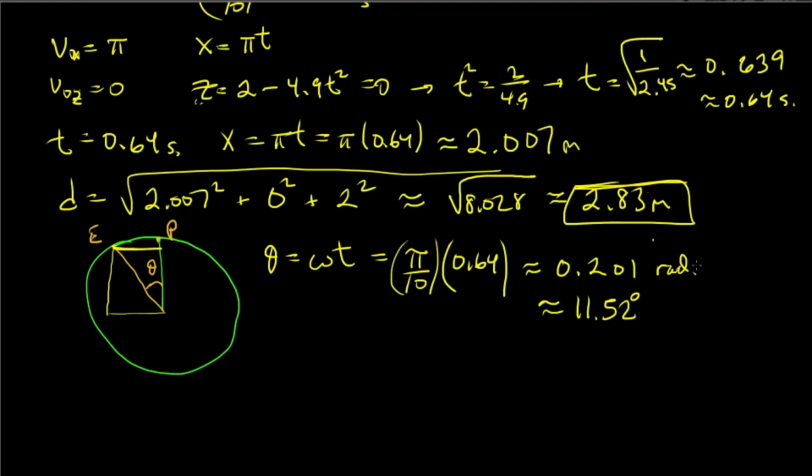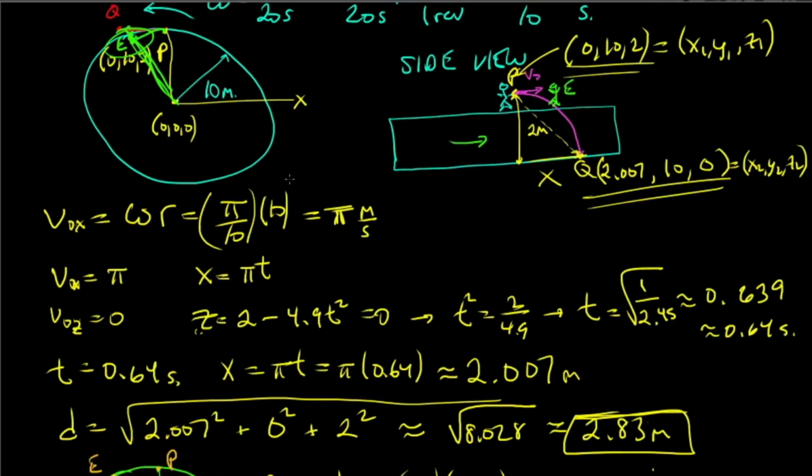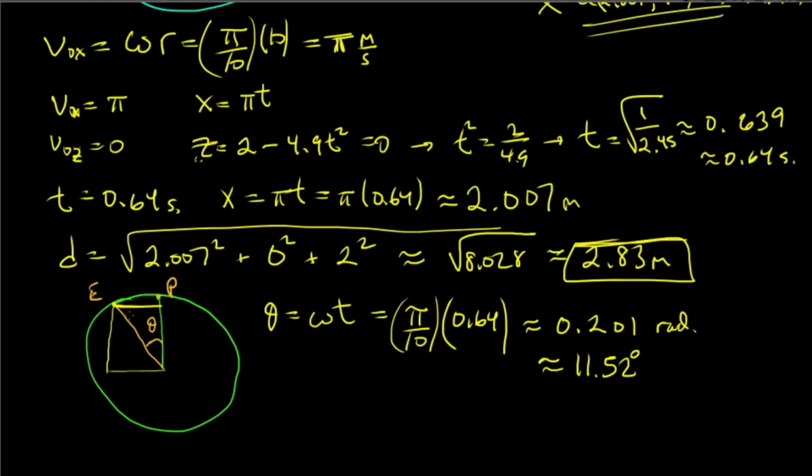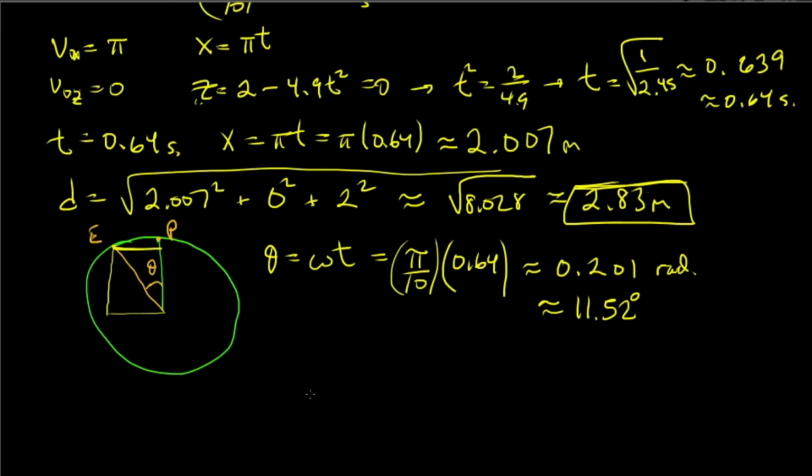And so what I call the y-coordinate is going to be 10 cosine of that angle. So the y-coordinate for Emily at this point will be 10 times the cosine of 11.52 degrees. And now the x for Emily will be 10 times the sine of 11.52 degrees.